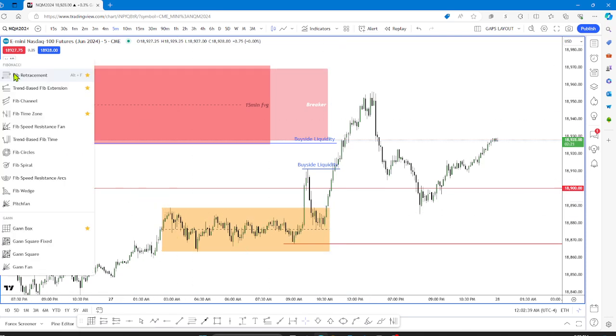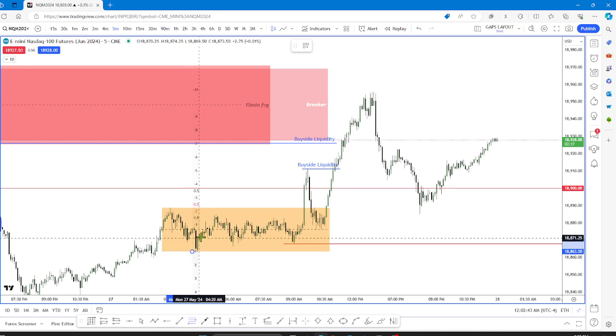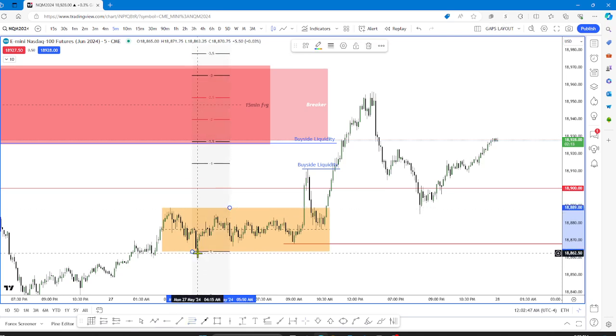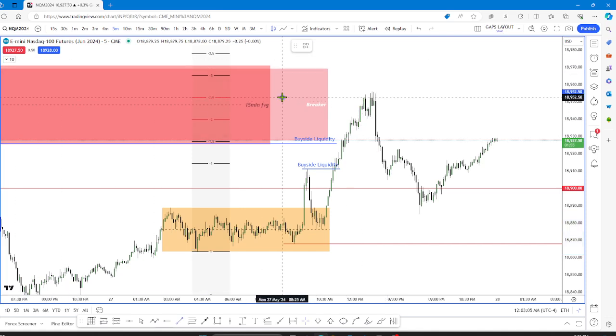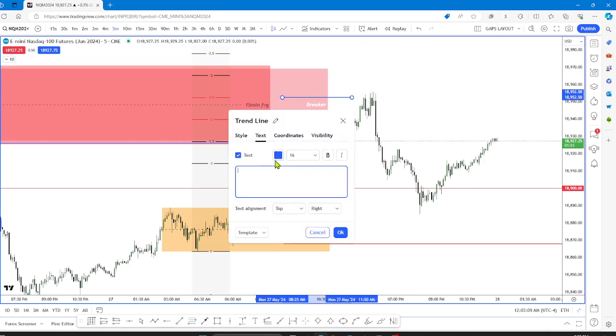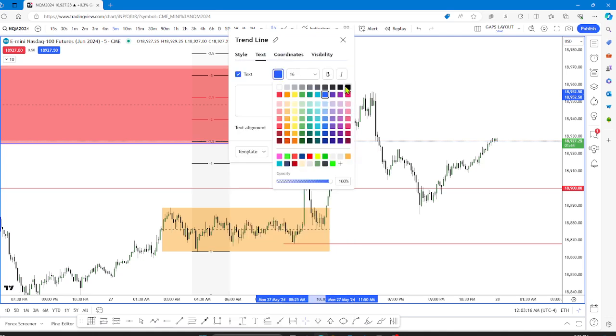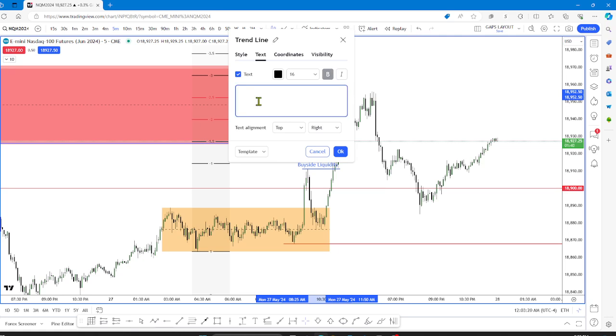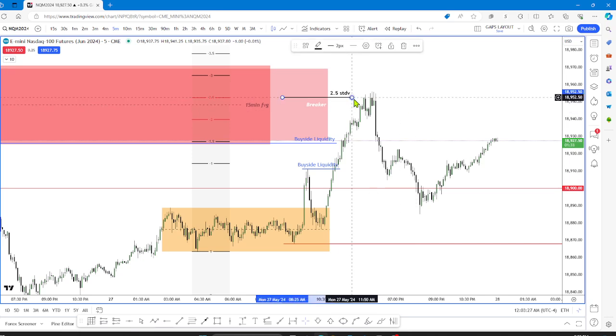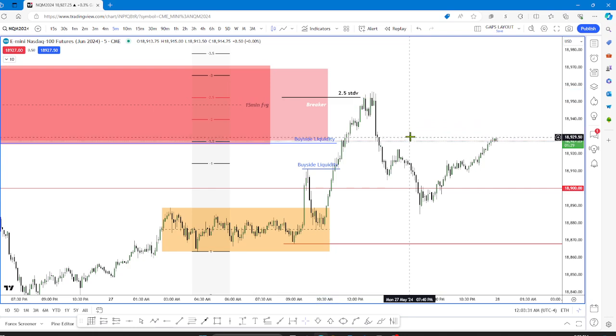But if we take our standard deviations from the low of the consolidation and project up to the high of the consolidation, so this low to this high, we get 1 to 1.5, a little reaccumulation in here, 2 to 2.5 in here, and you see 2.5 standard deviations here is black, right where we reverse from.